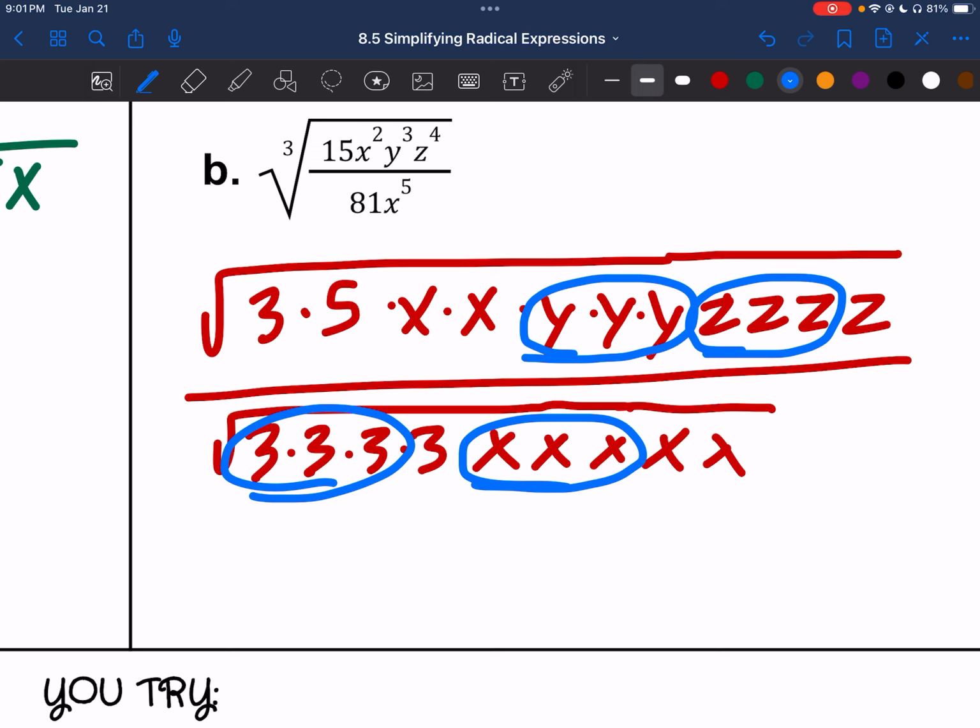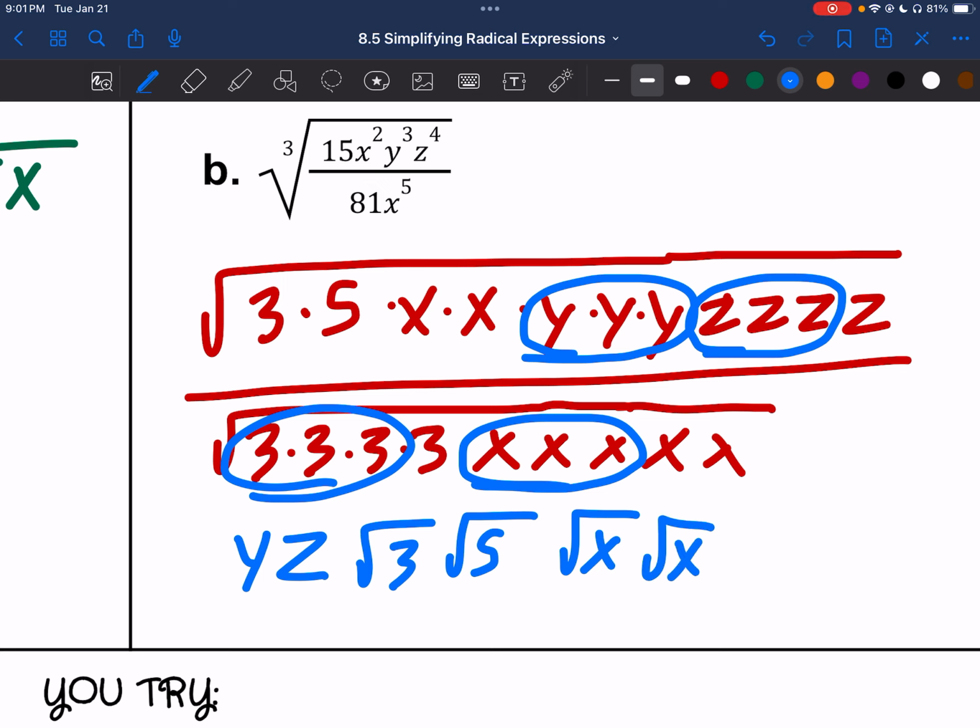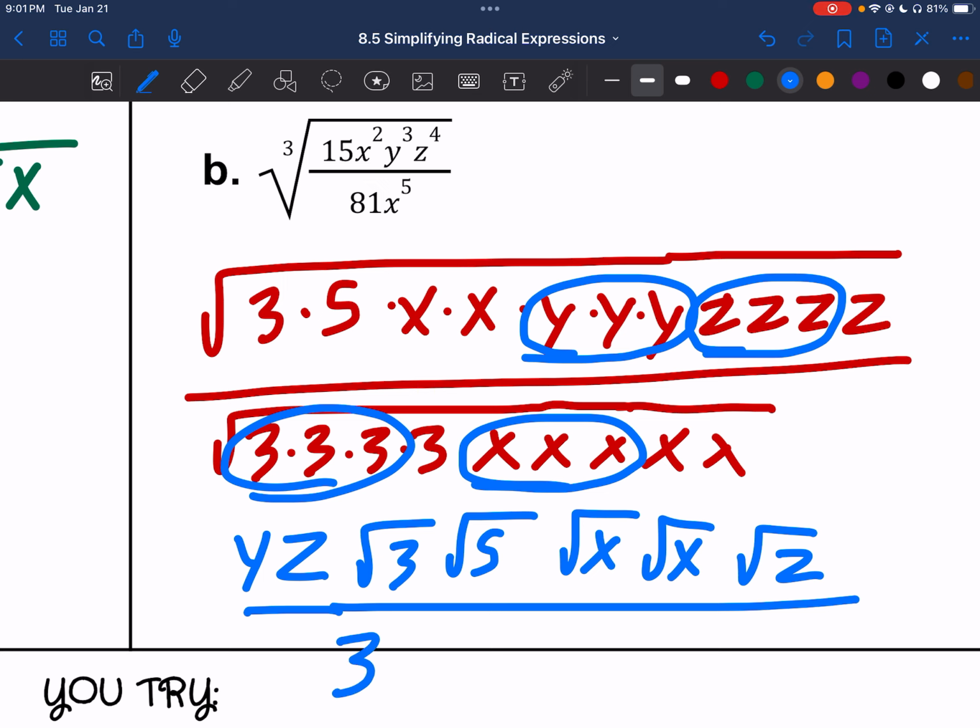So I'm going to have a y and a z times the square root of, well, let's do these as individual roots. We have the square root of 3, square root of 5, square root of x, square root of x, square root of z. All of this is over. We bring out a 3.